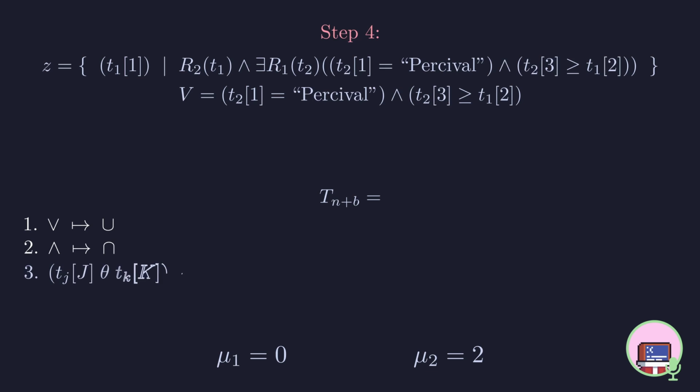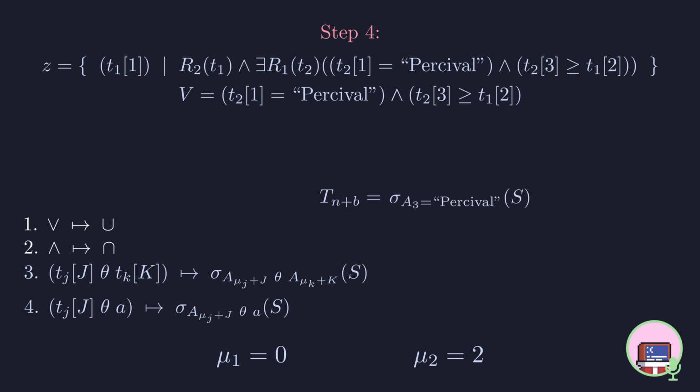These two expressions describe how to rewrite equalities or inequalities with index tuple variables and constants. They become selection operations of the relational algebra. We recommend pausing the video to take a look at these rewriting rules to understand them better. In our case, we rewrite V's matrix like so, and n plus b equals 2.